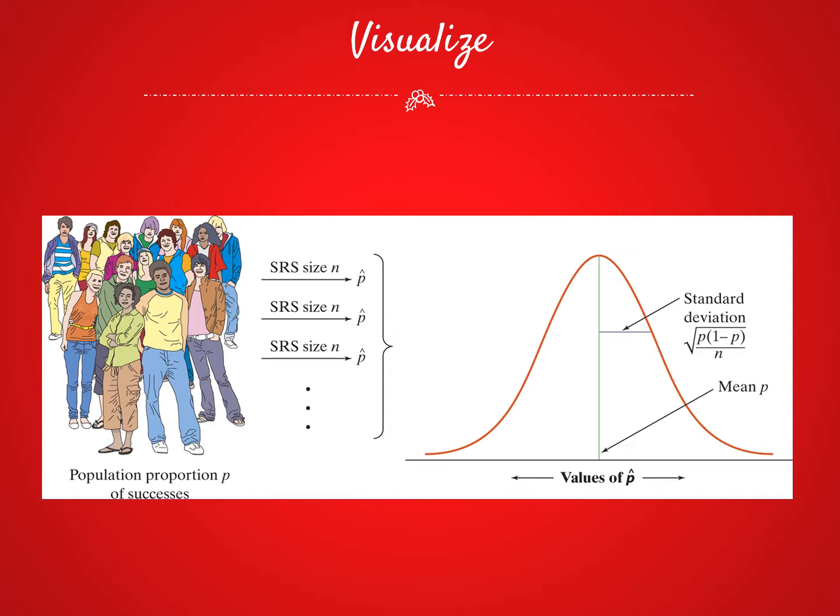that if I were to take a population of people and I took a random sample of size n and I've found a certain proportion of those who got more than 8 hours of sleep a night from my sample, I would take that p hat and I would graph all of the p hats on a dot plot. Here would be all my values for the p hat, right?